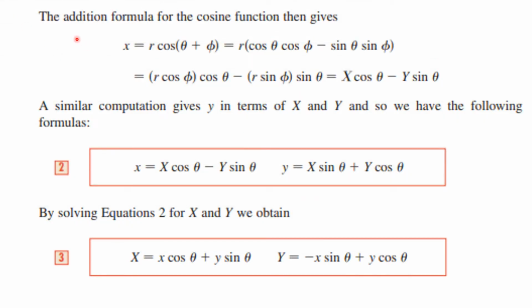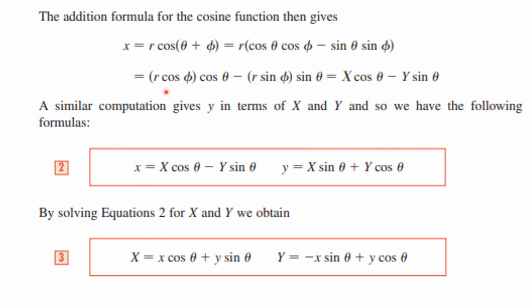So continuing then, what we will find is, and we're substituting into those equations that we have, so x was equal to r cosine of theta plus phi, but we have a trig identity for cosine of theta plus phi. We studied this when we were doing the integration techniques in chapter 8. So I just expand that, the r sits there, and this is the trig identity that I expanded.